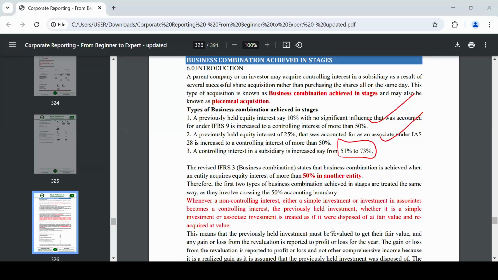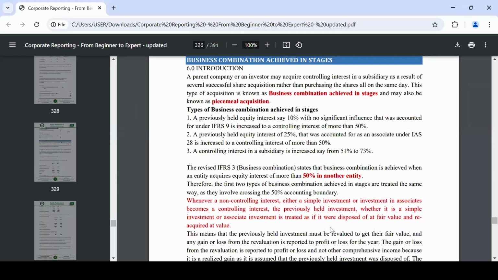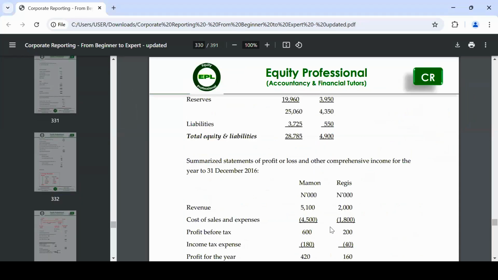But then we still went ahead to acquire more equity to the tune where we now have 73%, meaning we had acquired an additional 22%. So how do you treat this? What we have done has been focused on a case where we were not parent initially. And this one is quite straightforward. Let's look at it.